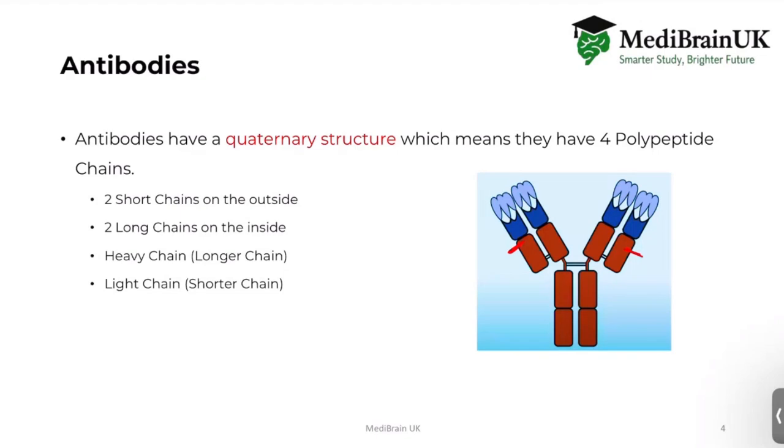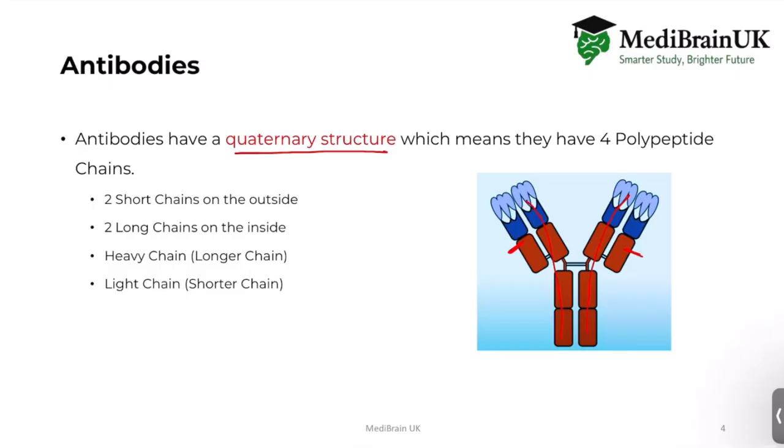And then in the middle, on the inside, you have 2 longer chains going across the center of the antibody. Remember, a polypeptide chain is just a protein chain. Because there are 4 polypeptide chains, that's what makes it a quaternary structure protein.